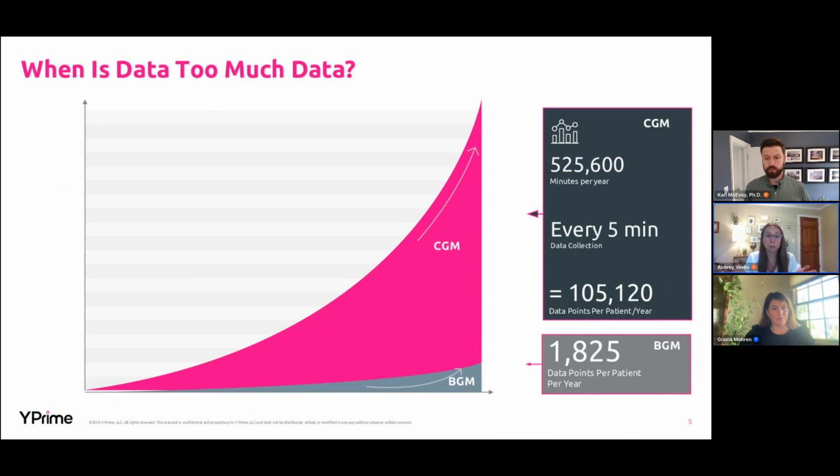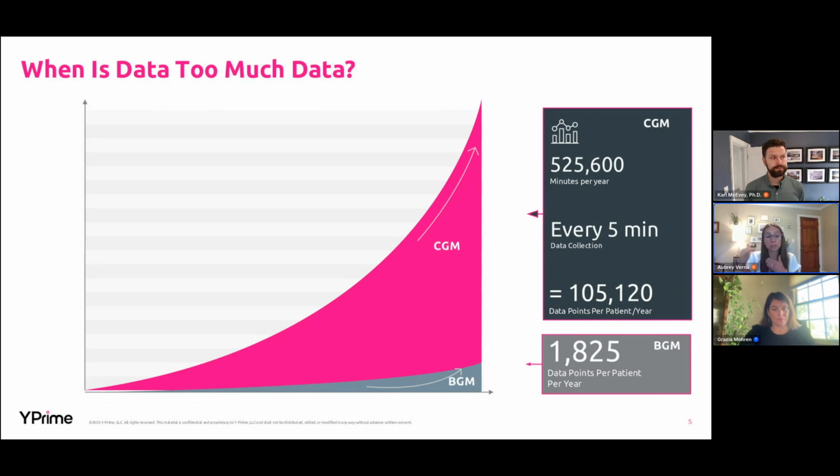For the purposes of today, if we assume a CGM device collecting data every 5 minutes and a year-long study, you're looking at over 100,000 records per patient for the course of a study utilizing CGM. It's a significant amount of data. For BGM, if we assume just 5 data points are required per day for a year-long study, you're looking at just under 2,000 data points per patient per year.